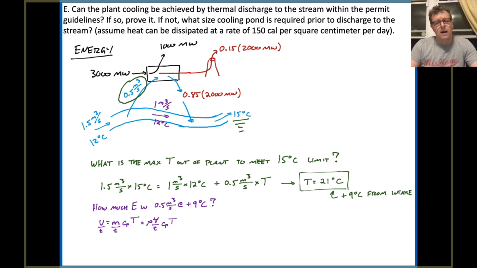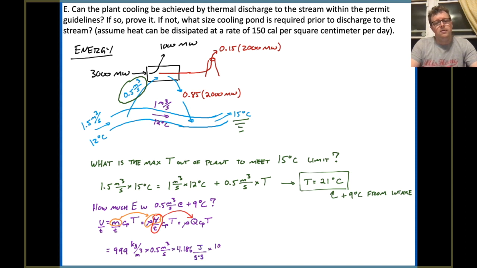Of course, mass per time, I can calculate as density multiplied by volume per time. And I also recognize that I have another term for volume per time, it's discharge. So what I'm doing here is using a couple of our definitions to get this into some variables that I have and that I can work with.